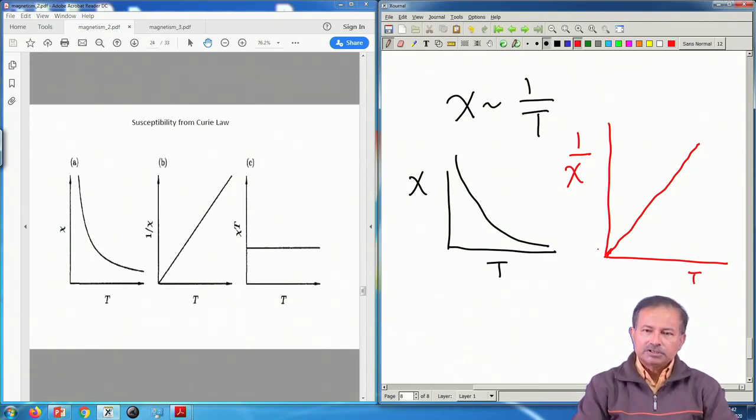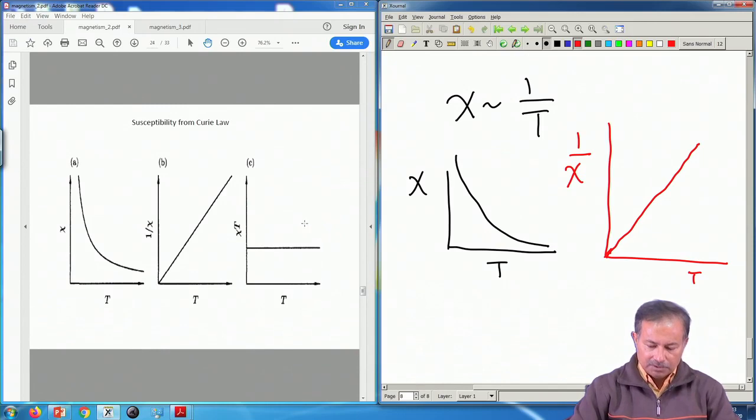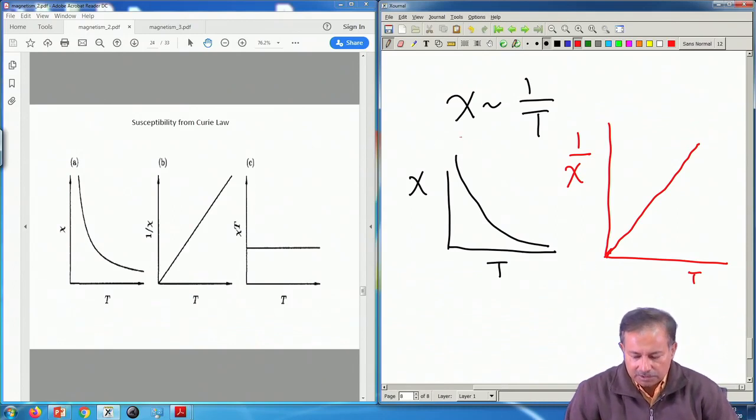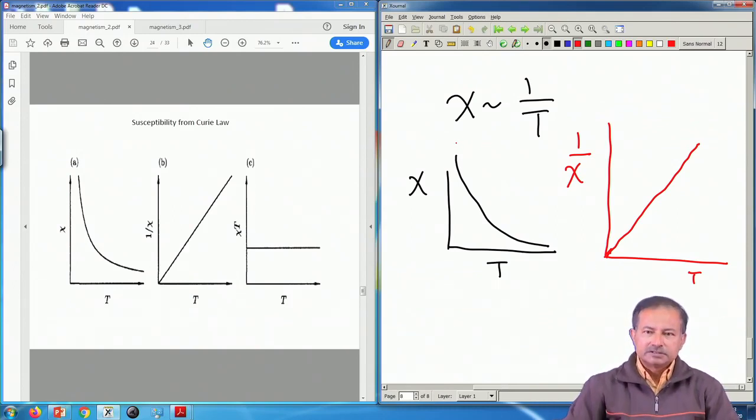As I will show, at very low temperature magnetic systems order, and that ordering prevents this kind of passing through; this behavior gets changed. So, the divergence at 0 temperature does not survive in real systems where other effects come and cut it off.